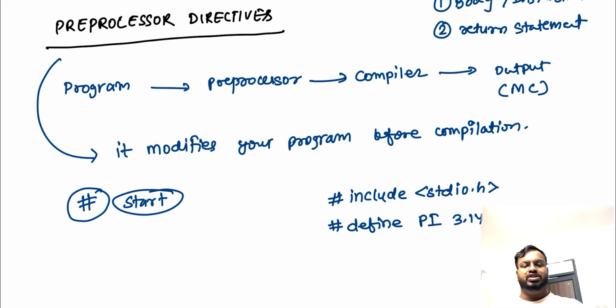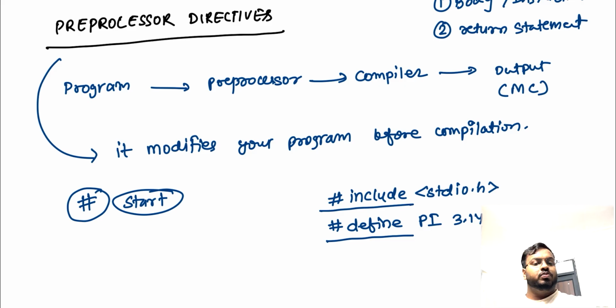Hash include stdio.h, hash include math.h, hash define PI 3.14, hash define RANGE INT_MAX. So there can be multiple preprocessor directives, but generally in our programming we are going to use these two preprocessor directives, hash include and hash define.